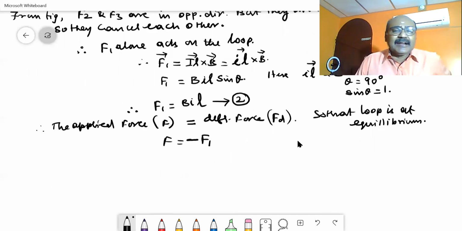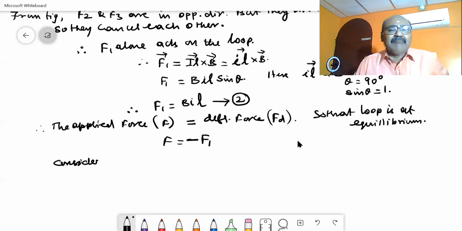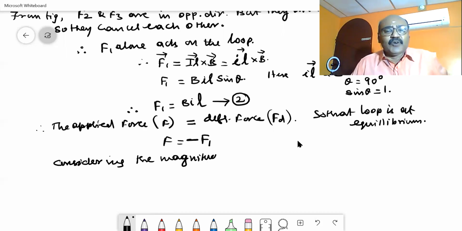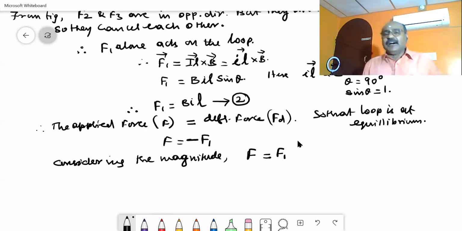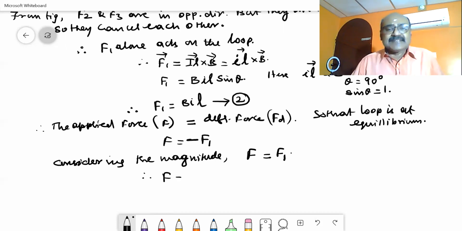Considering the magnitude, I can write the applied force F equal to the deflecting force F1. Therefore, F is equal to B into I into L, as we have calculated F1. Let us take this as equation number 3.